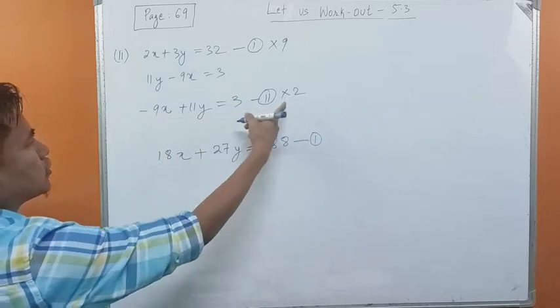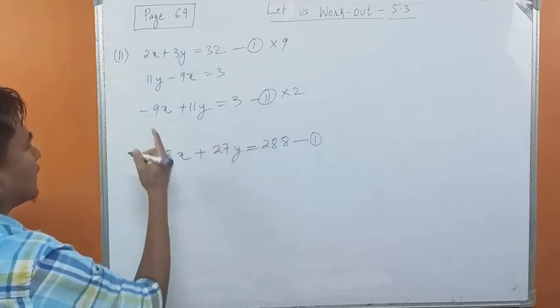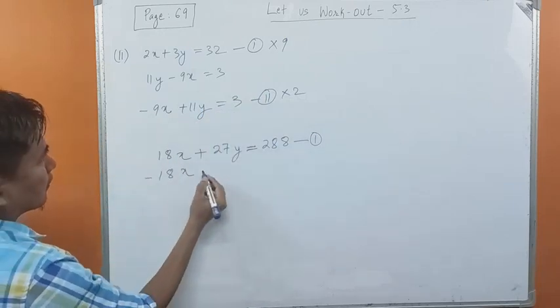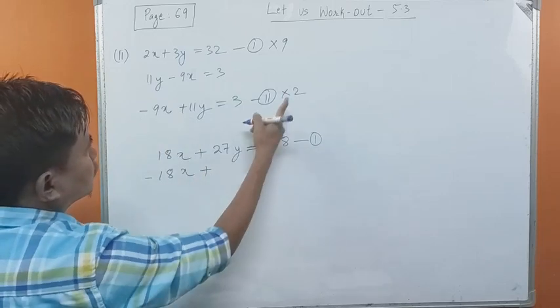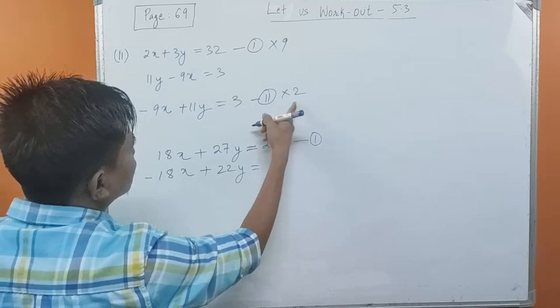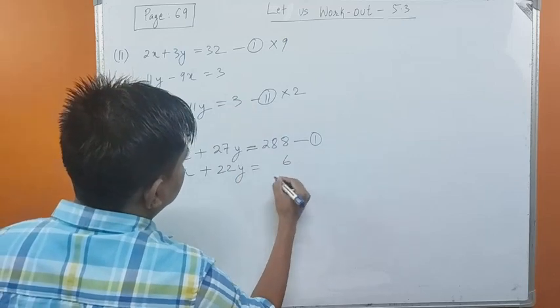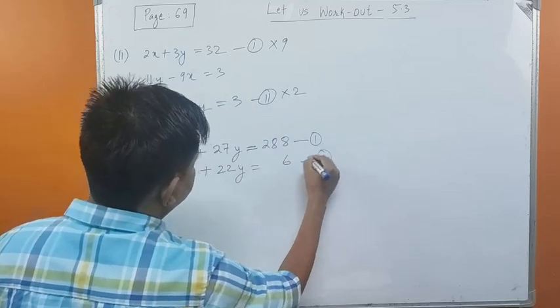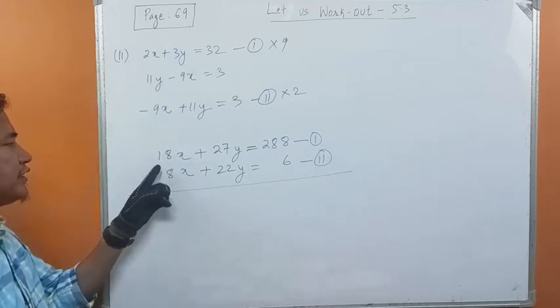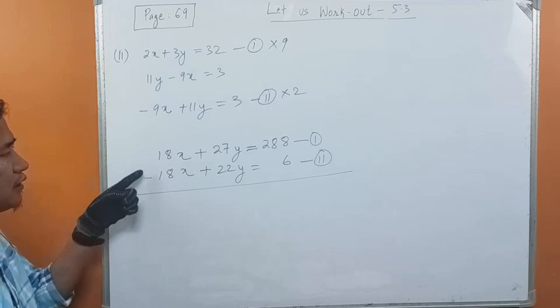Similarly, we multiply equation 2 with 2, okay? 2 9s are 18x, and we have a minus sign here, plus 2 11s are 22y equals 2 3s are 6, isn't it? This is equation 2. Now the coefficients of x are equal, 18 and 18, and the signs are opposite.